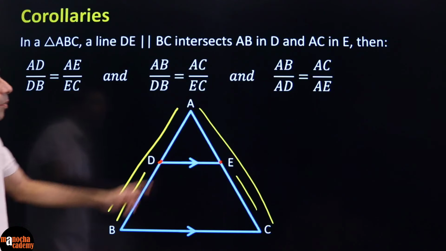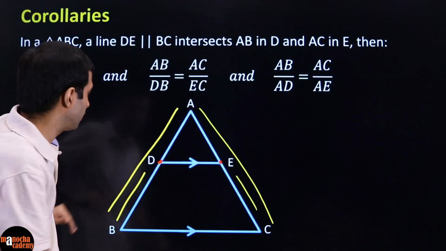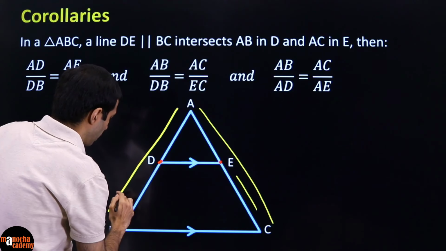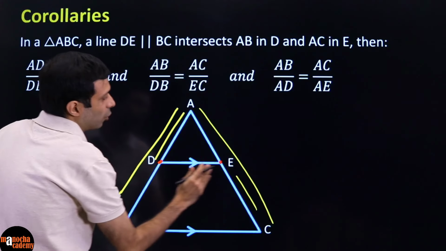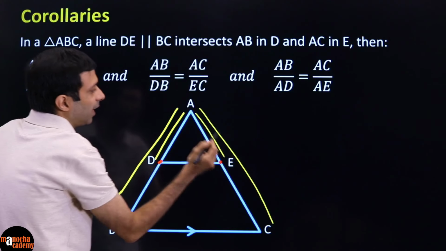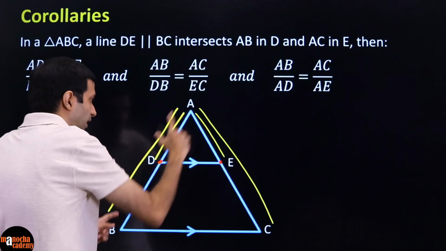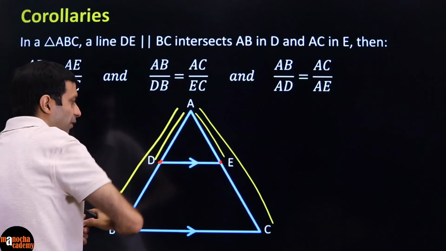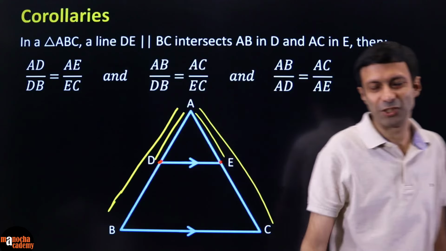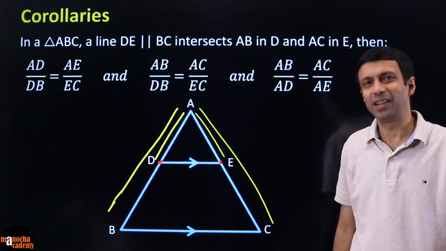Okay, and similarly you can take AB, this entire length, divided by AD, so this time you take only the top part, is going to be equal to AC divided by AE. That means not only can you take a ratio of these two parts, you can even take the full length and one part, they will all be in the same ratio. So all these ratios are going to be equal.